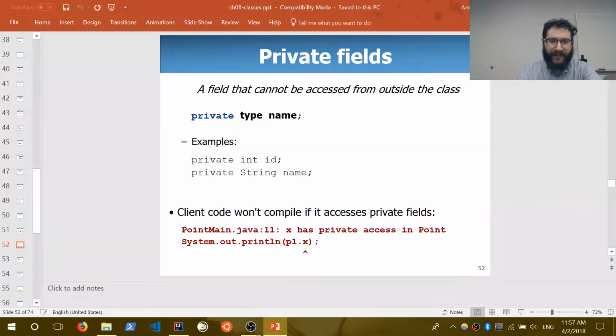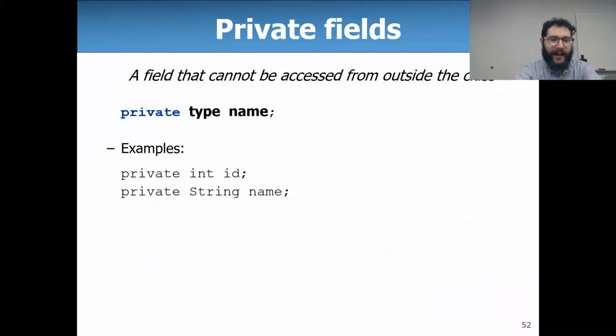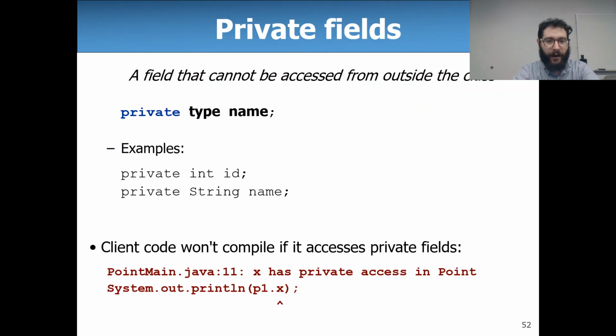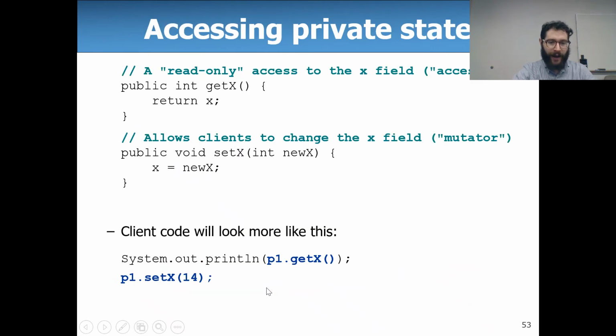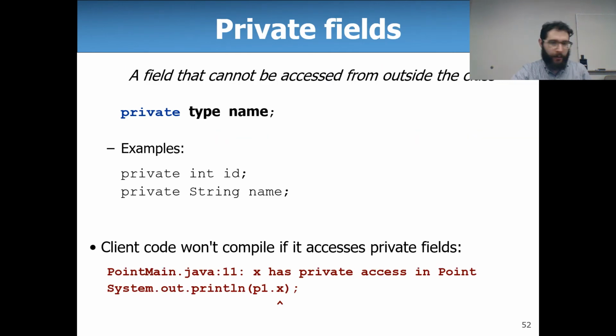So private prevents any clients, anybody who's creating objects, from doing that, right? So if I set x and y in our point object to private, they wouldn't be able to change it or read it.